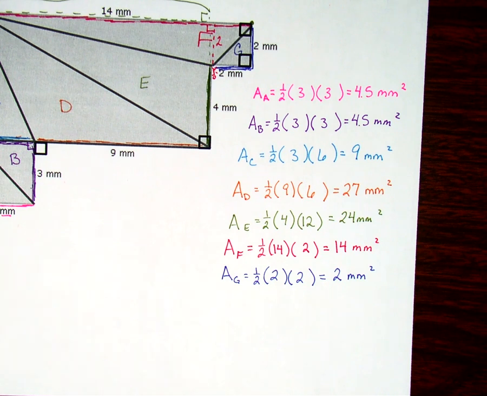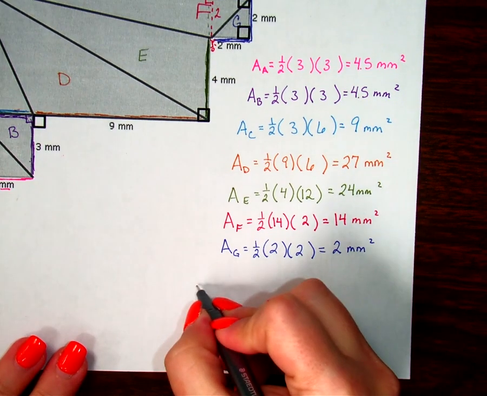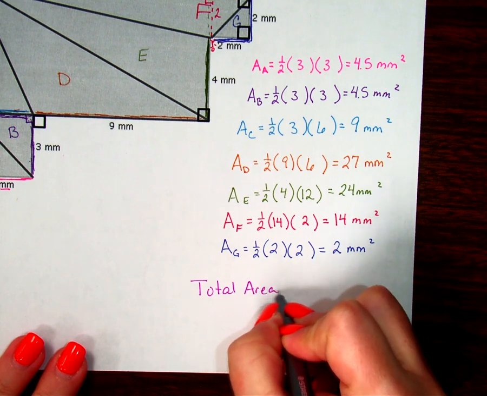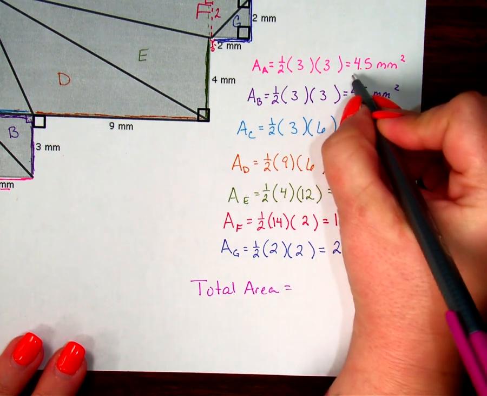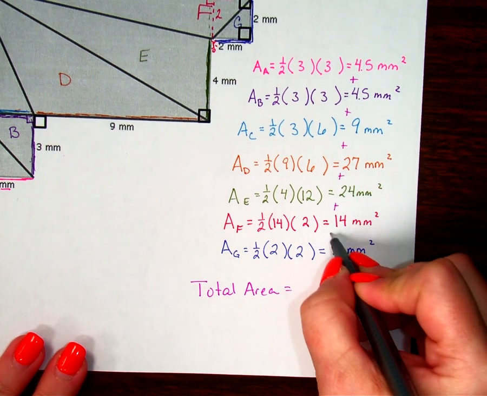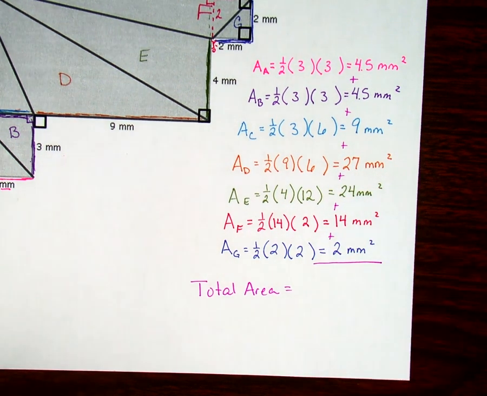So we found all of our individual triangles. Next, what we need to do is find our total area. Okay? And we're going to do that by adding together the 4.5, the 4.5, the 9, the 27, the 24, the 14, and the 2.